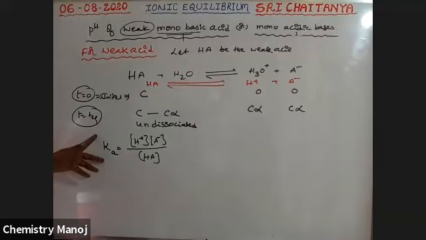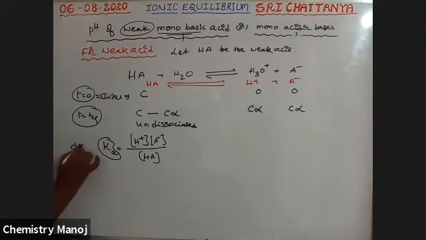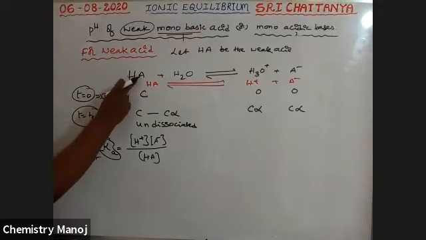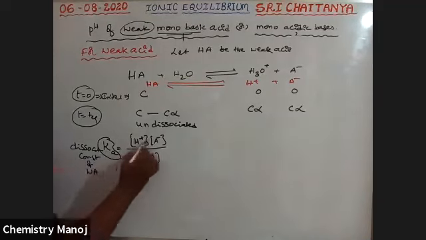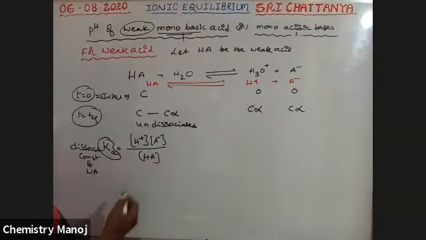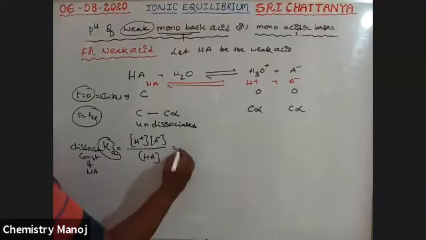Ka is nothing but the dissociation constant of that weak acid, because HA is the weak acid. Ka is equal to H plus concentration into A minus concentration by HA concentration.